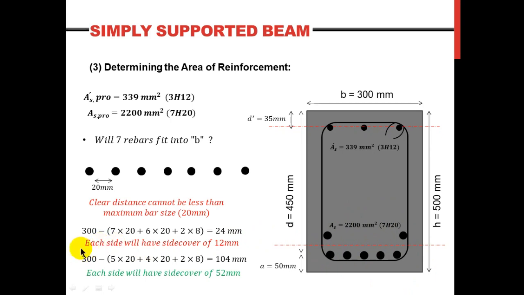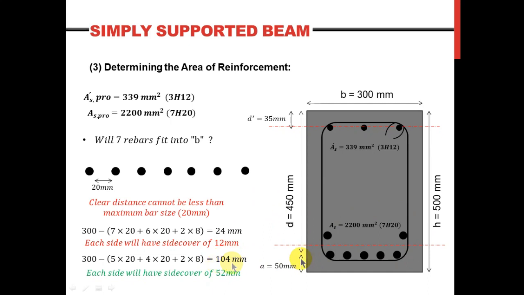So if I calculate this again, now instead of having 7 bars at the very bottom, we only have 5. So 5 times 20 plus the spacing, also 1, 2, 3, and 4, so 4 times 20, plus 2 times 8, the links. That gives me 104.